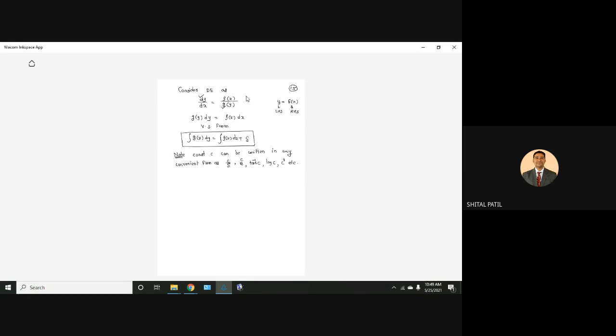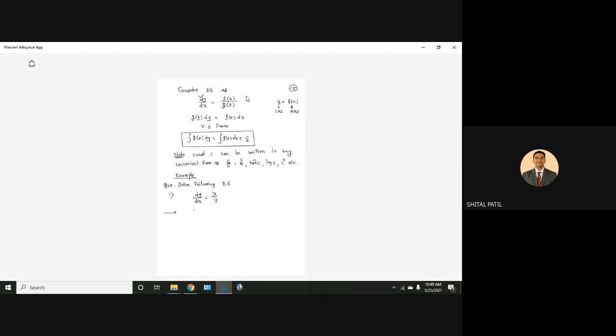Examples now. Solve the following differential equations. First example, dy by dx equal to x by y.